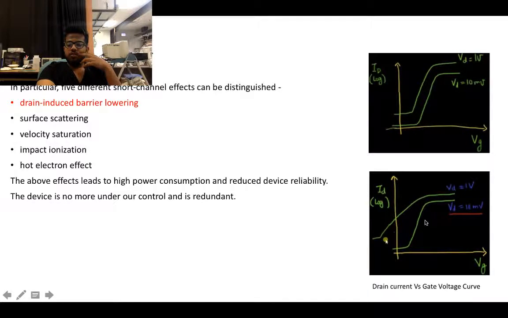But in case of a short channel, when you increase the drain voltage from 10 millivolts to 1 volt, you actually lose control over the properties of your transistor. The switch off and switch on stage is no more there. There is a loss in control over your transistor, which is a problem.